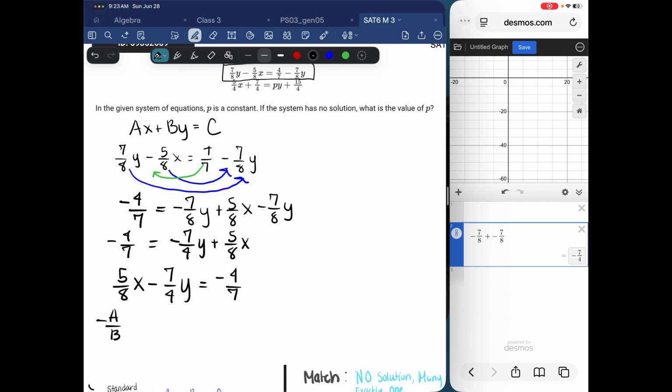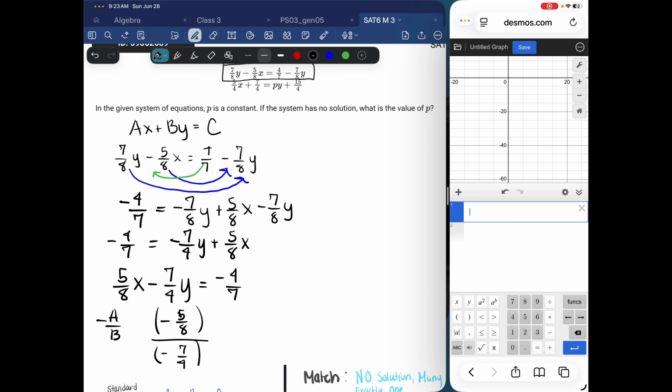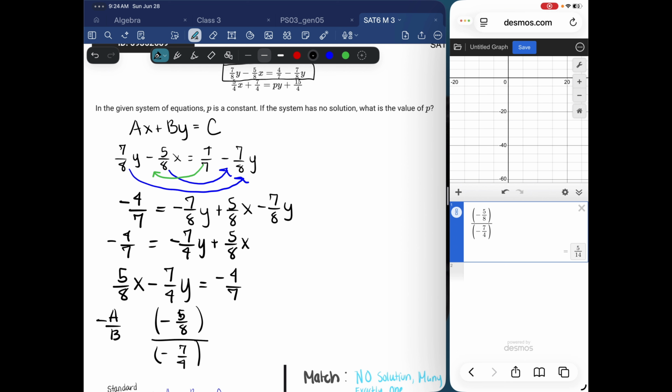So a is 5 over 8, so I have negative 5 over 8 divided by b, which is negative 7 over 4. All right, so I'm going to put that into Desmos. And that's the same thing as 5 over 14.